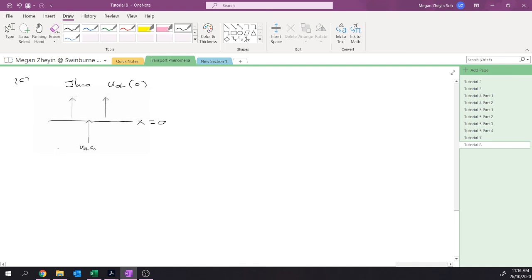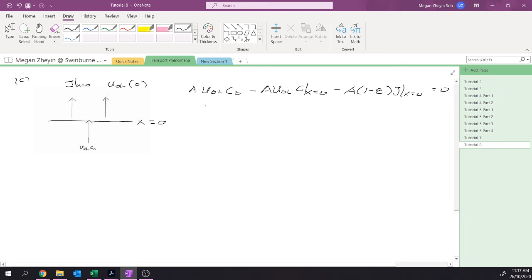So we will do the material balance at the entrance of the column, whereby it should look like this. A uol C0 minus, the exit over here, A uol C at x equals to 0 minus A 1 minus epsilon J at x equals to 0 gives you 0.